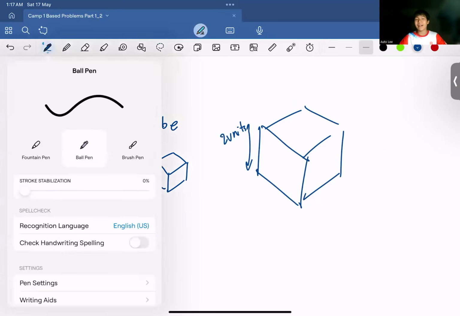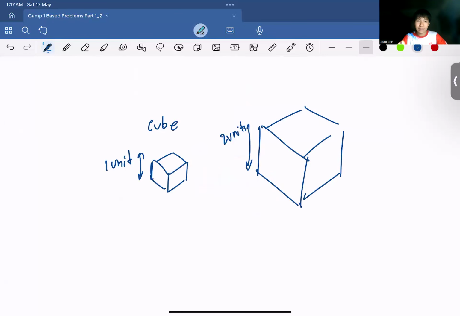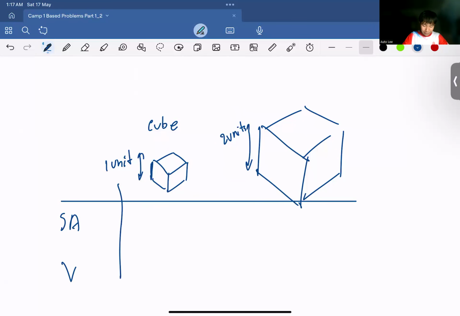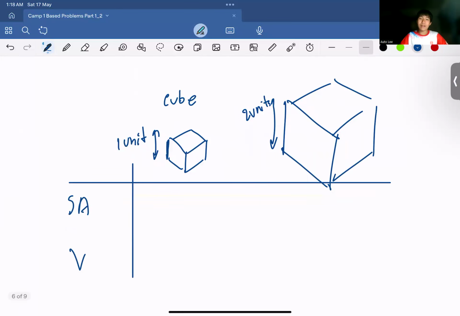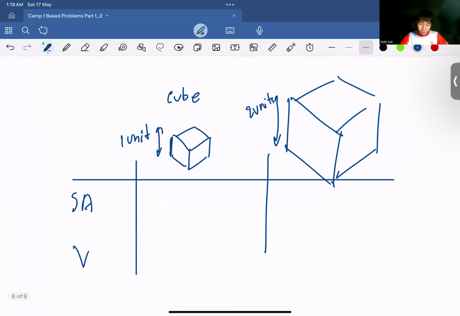We want to compare the surface area and volume. Let's find the surface area of each cell.